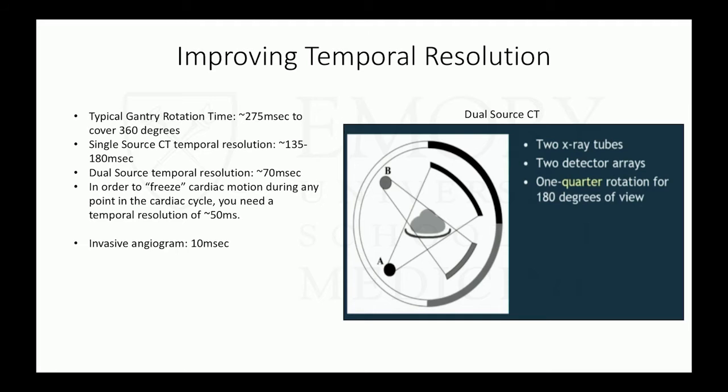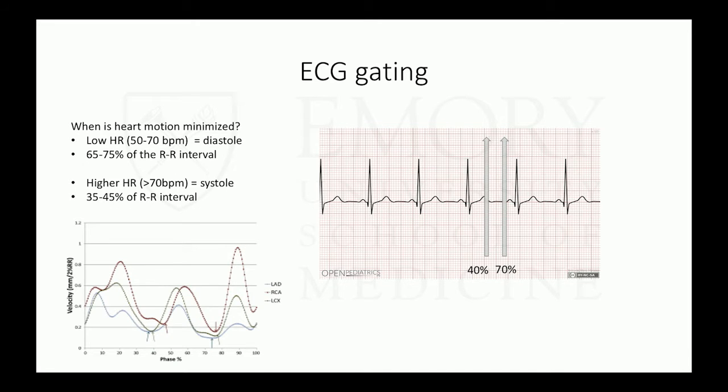And so because of that, we have a crucial aspect that we need to review, which is ECG gating, and that's really what separates cardiac CT from other types of CT scans. And so unlike the way we think of the cardiac cycle in cardiology, really the start of the cardiac cycle in CT is with the onset of the R wave, the QRS.